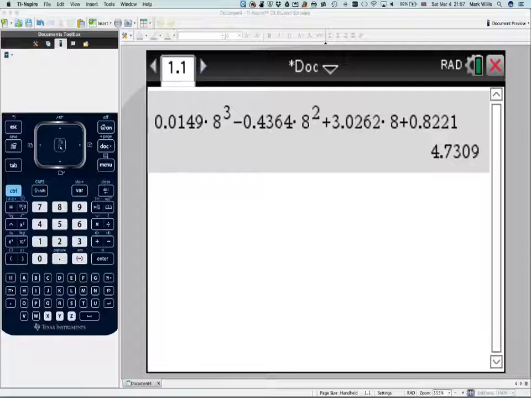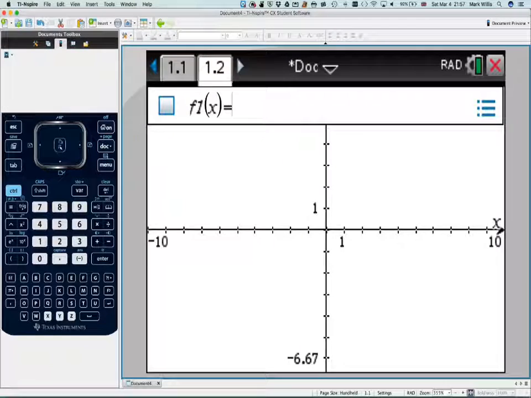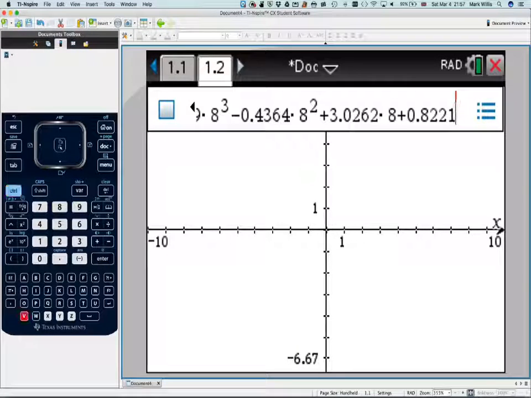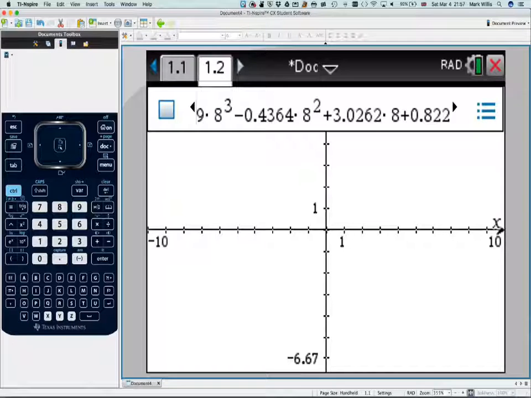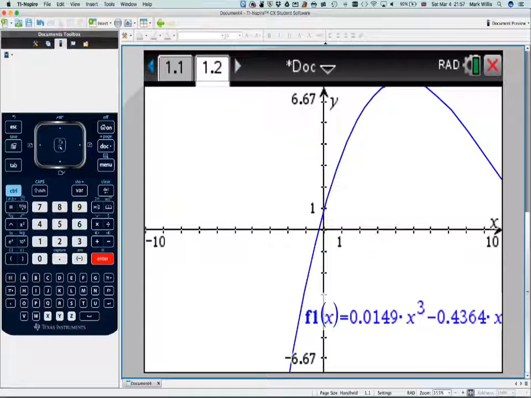Going to the GDC, okay, and now selecting a graphing mode and then doing Command V. Now be careful, hit the arrows here. You need to change all the 8s I put in to X, or you have to type the function in again. It's up to you. Okay, press enter. We haven't got a very good view window here, so I'm going to select a view window.